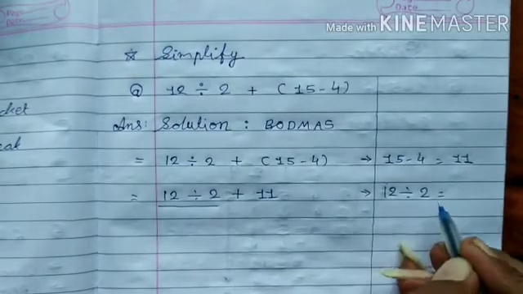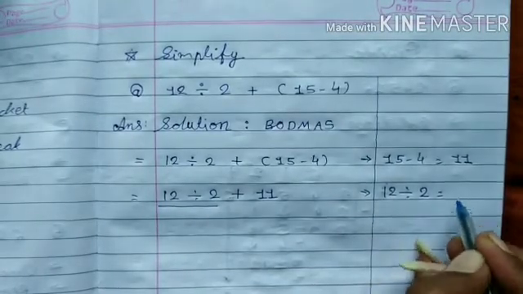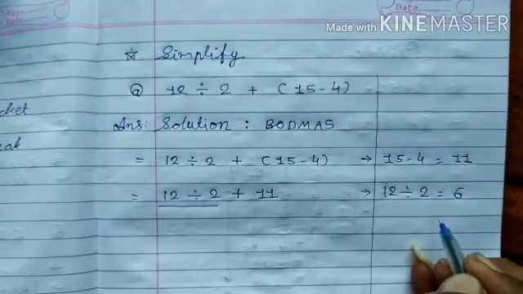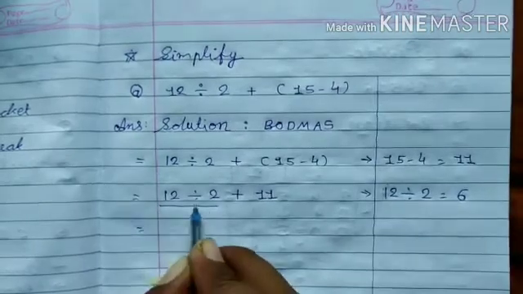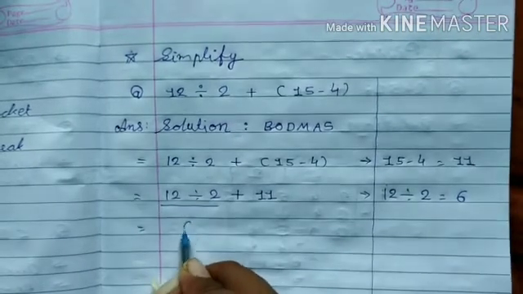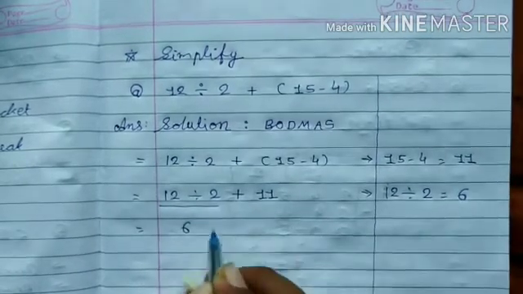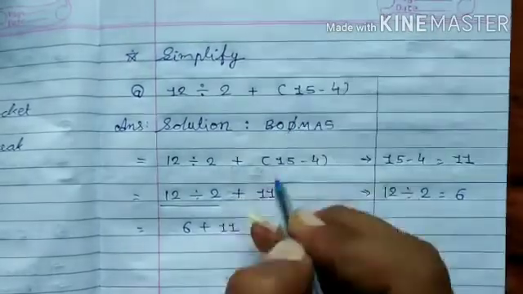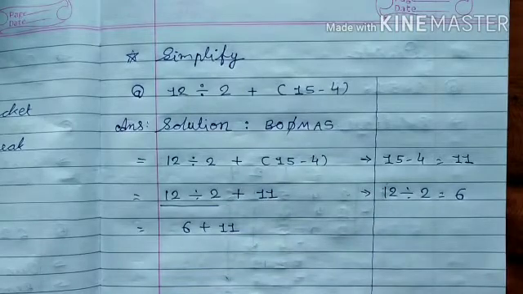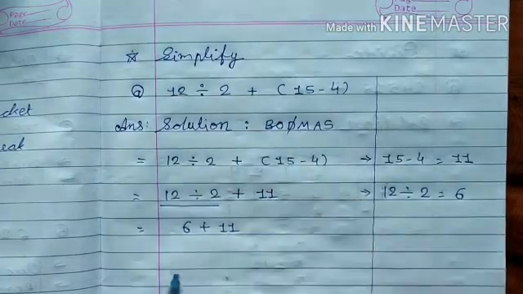12 divided by 2. In 2's table we have to get 12. So you know that 6 2's are 12. So now the operation is here, and we have to write that answer there only. Plus 11. Now cut, because we have solved division. Now the next operation is multiplication.